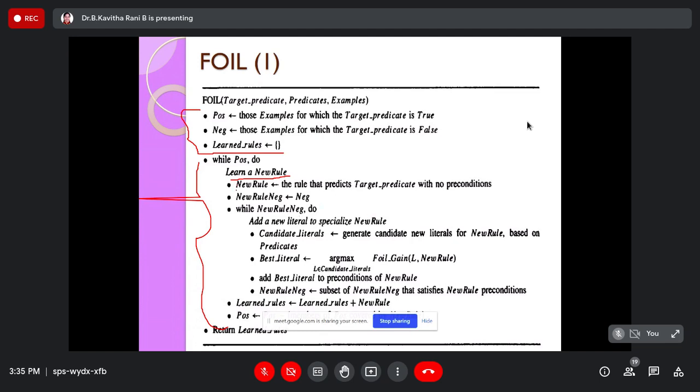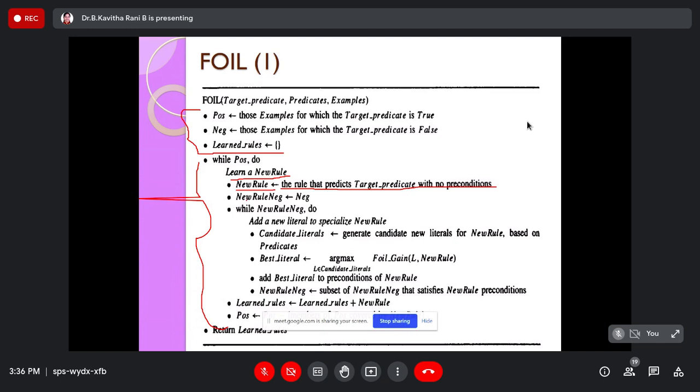So what will it do? The new rule predicts the target predicate with no preconditions. There won't be any preconditions before. It will not give any condition, it just generates a rule.